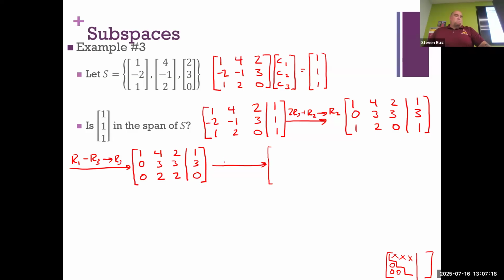I see a couple ways that could make this easier. I can scale row 2 and row 3. So I'm going to put 1/3 of row 2 back to row 2. And I'll put half of row 3 back to row 3. So I get 0, 1, 1, 1, 0, 1, 1, 0.